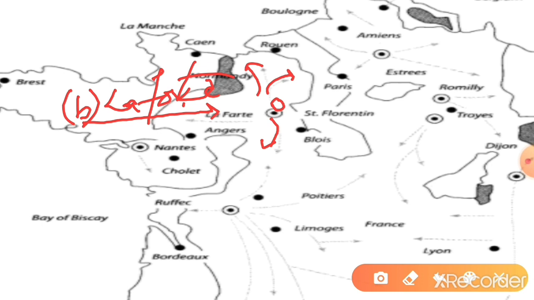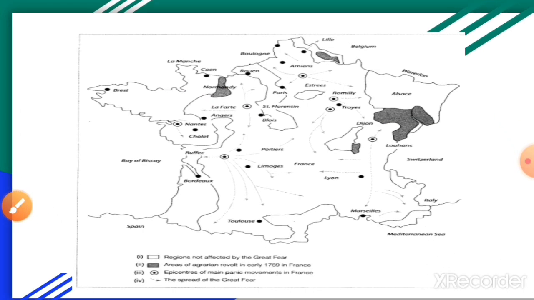So this also you have to show when you're doing this map, when you're showing the epicenter. Don't forget it. Okay, children, I'm sure you got it. So again, when you're locating a region, you need to mention the question number and the name of the place. So we are done with history.